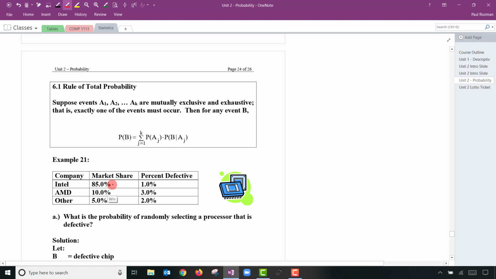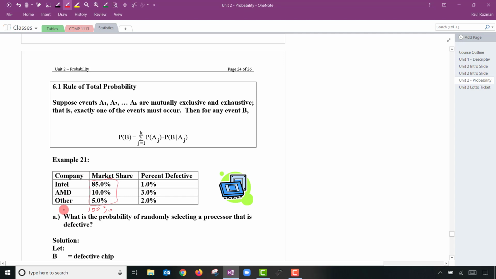Intel has 85% of the market share, AMD has 10% of the market share, and other people have 5%. If you notice, these market shares add up to 100%. So they are exhaustive. If you get a computer processor, it's from one of these three. It's nice to always put a group called other in there, to cover everything.